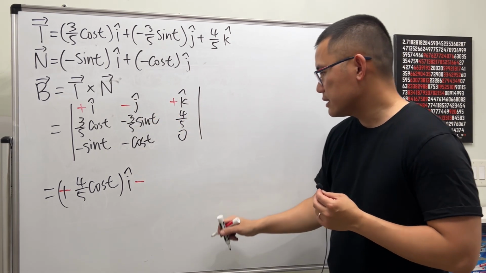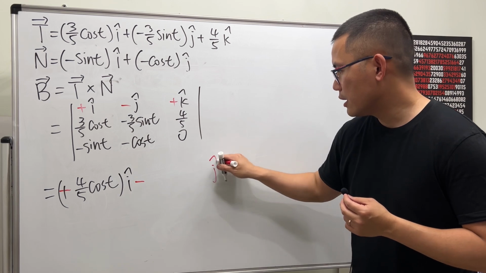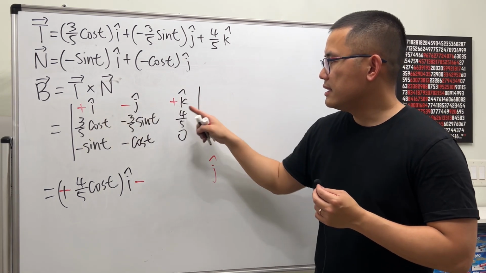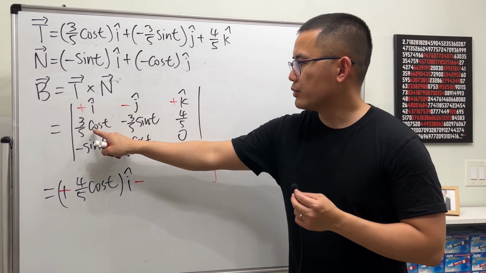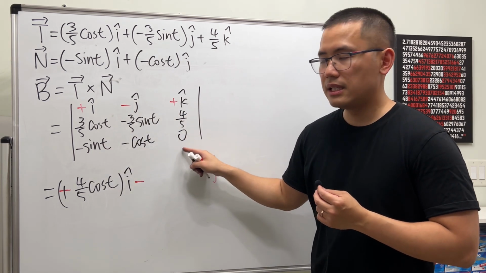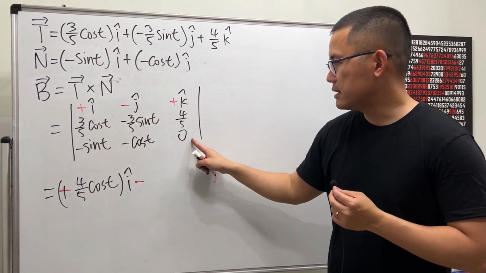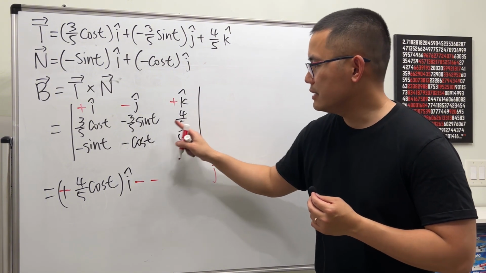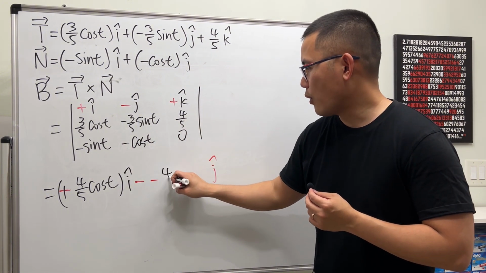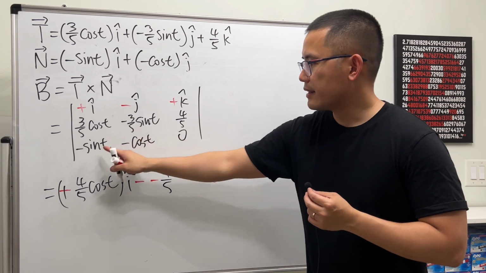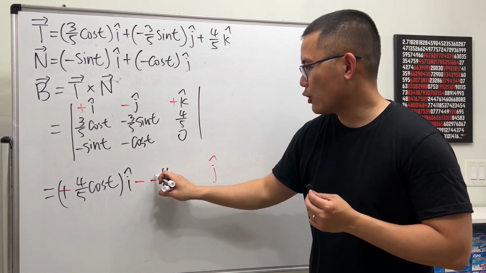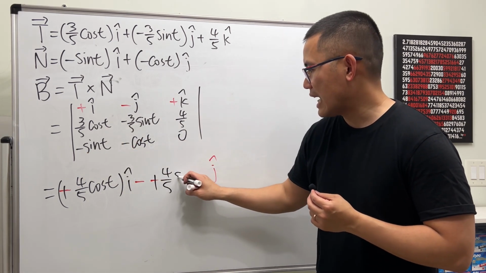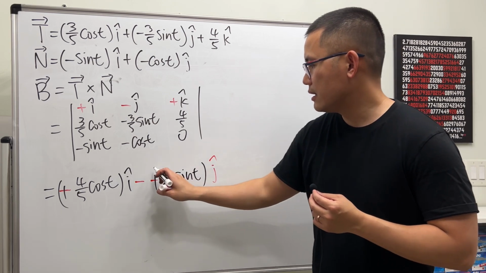So subtract, and then we have the j. So delete this row and column, and we do this times this, which is 0, and then we subtract this times that, which is 4/5 times negative, so that will make this positive, and then we have sine t.